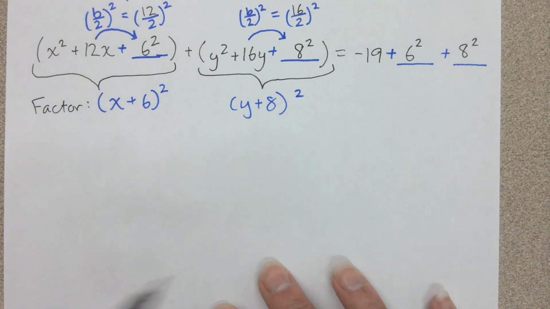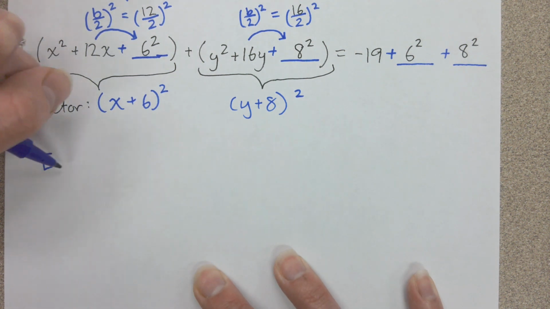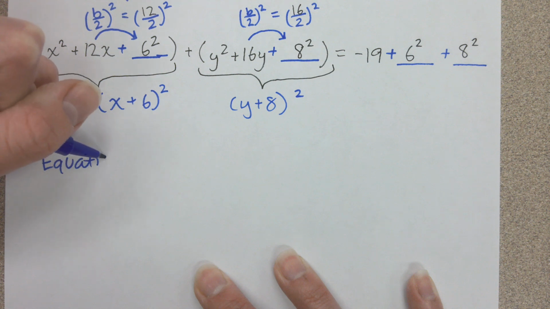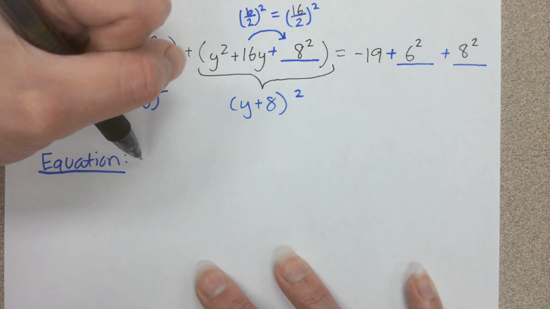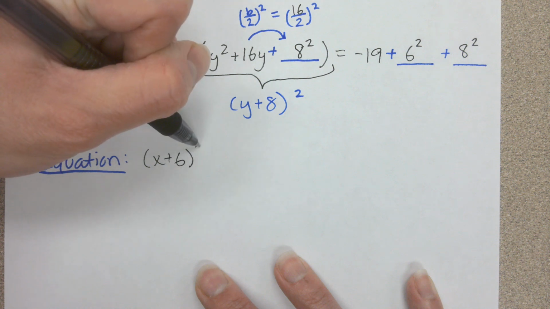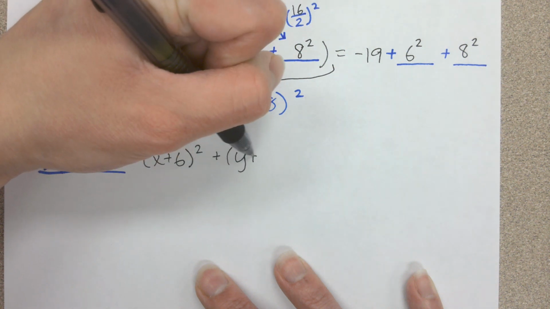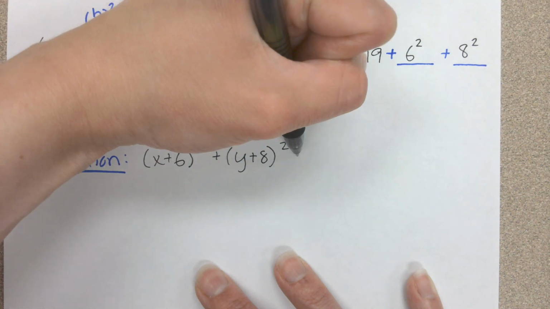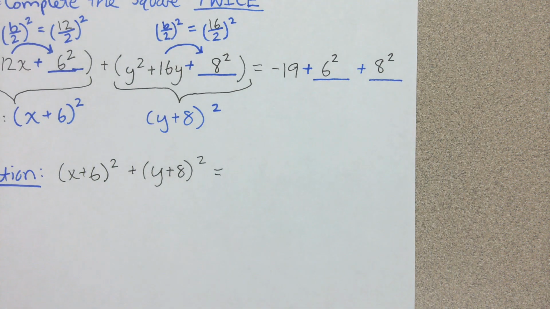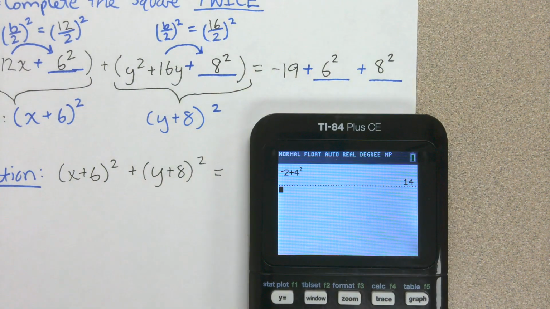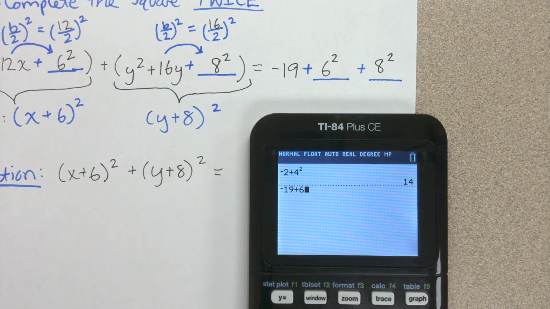So when I write this the final time, this will be my answer. The equation is x plus 6 squared plus y plus 8 squared equals, and then the right side I'll just put into my calculator. And we get 81.